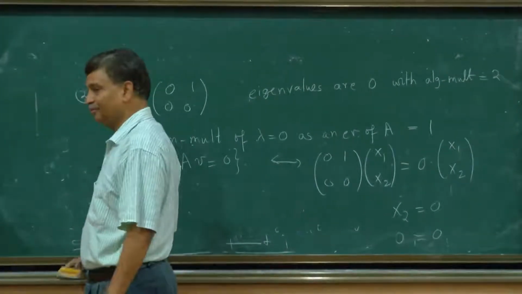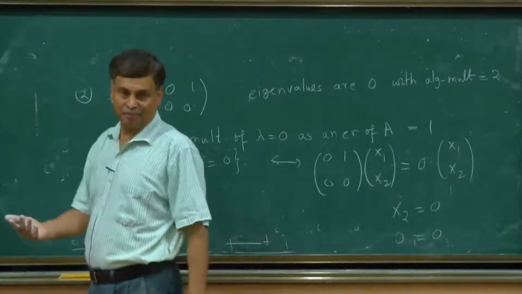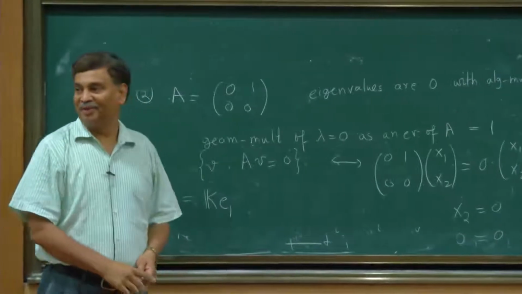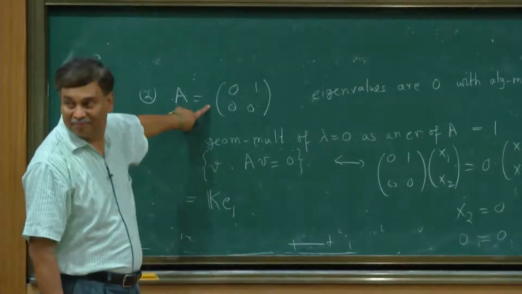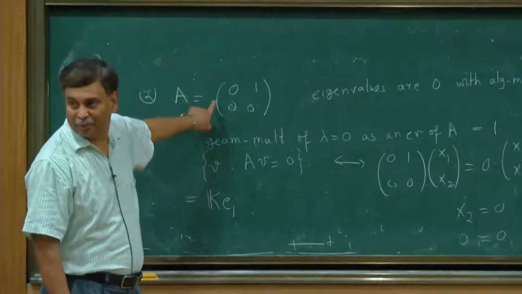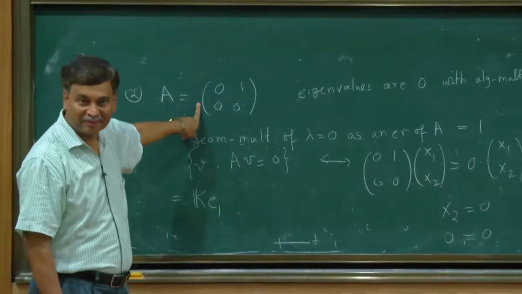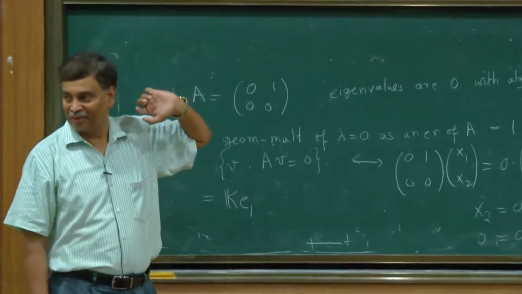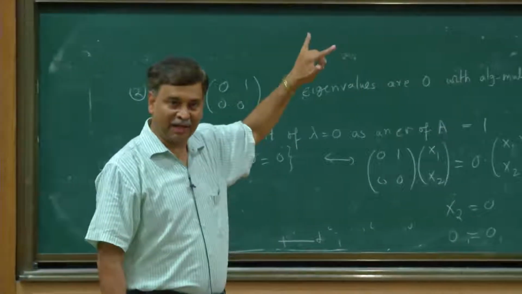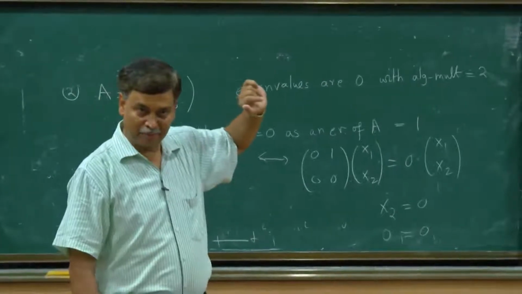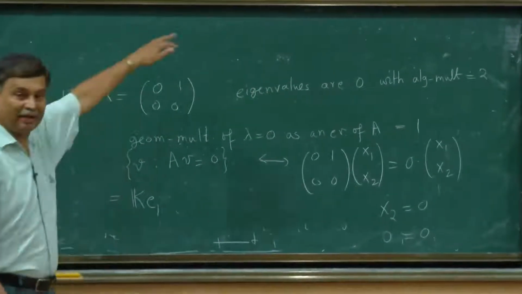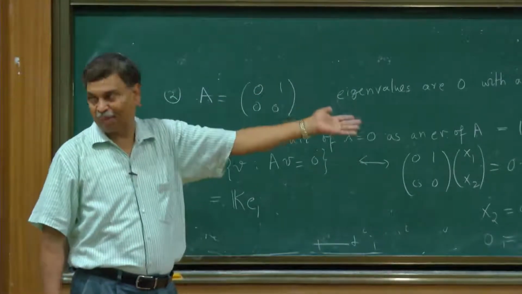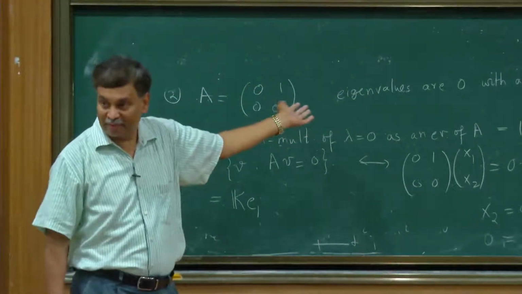Why is that? Suppose every matrix were similar to a diagonal matrix. Well, look at this example, this matrix here. Suppose this were similar to a diagonal matrix with lambda 1, lambda 2 on the diagonal. Then for that diagonal matrix, the eigenvalues are going to be lambda 1 and lambda 2. But the eigenvalues of this and that matrix similar to it must be the same. So lambda 1 must be 0 and lambda 2 must be 0. 0 are the only eigenvalues.